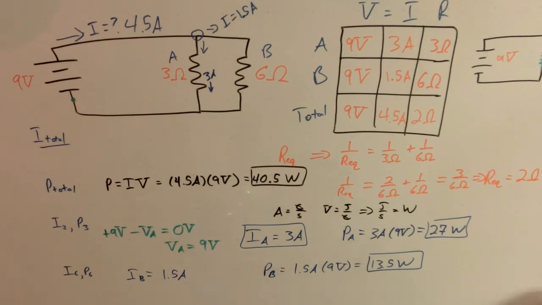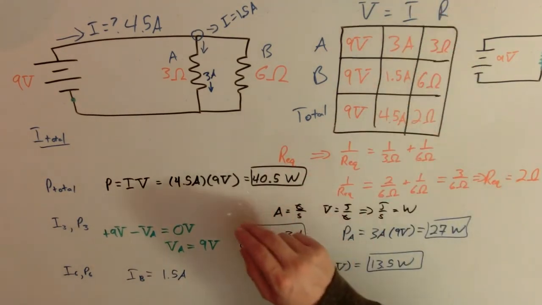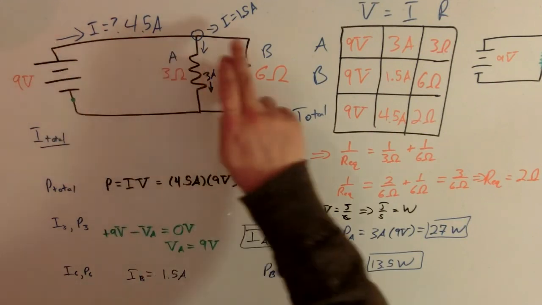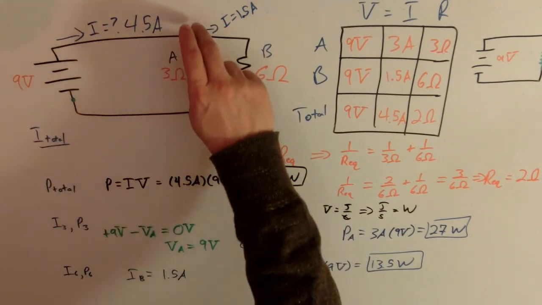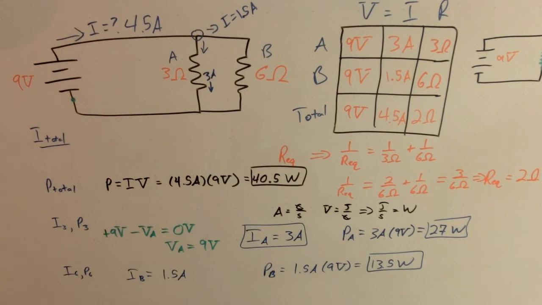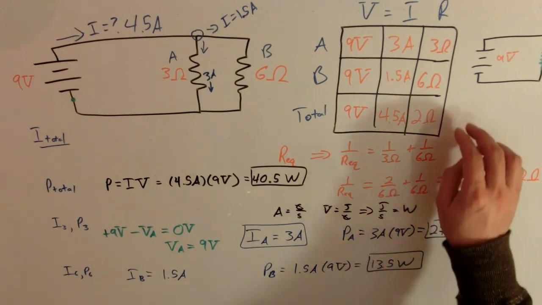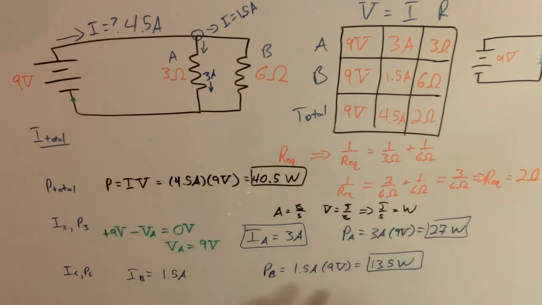Okay? So, that's going through and solving a very simple circuit, one with parallel, and it gives us some experience applying Ohm's law, Kirchhoff's loop rule, and Kirchhoff's junction rule. It also gives us experience with the chart that I highly recommend that you go ahead and make.